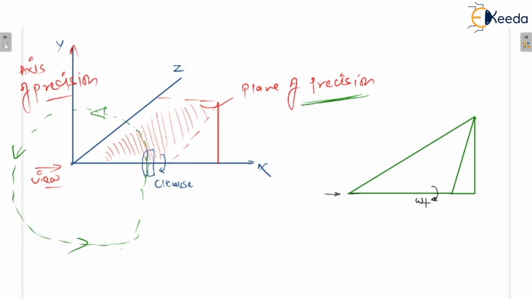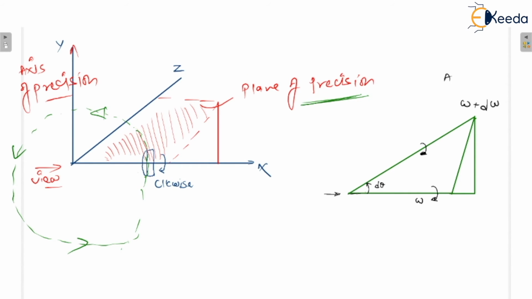When the next position of the body is this, here also the rotation of the body will be in clockwise direction. If this is omega, there will be a d theta, because the body is going to be rotated through an angle d theta. So here the speed would be omega plus d omega.